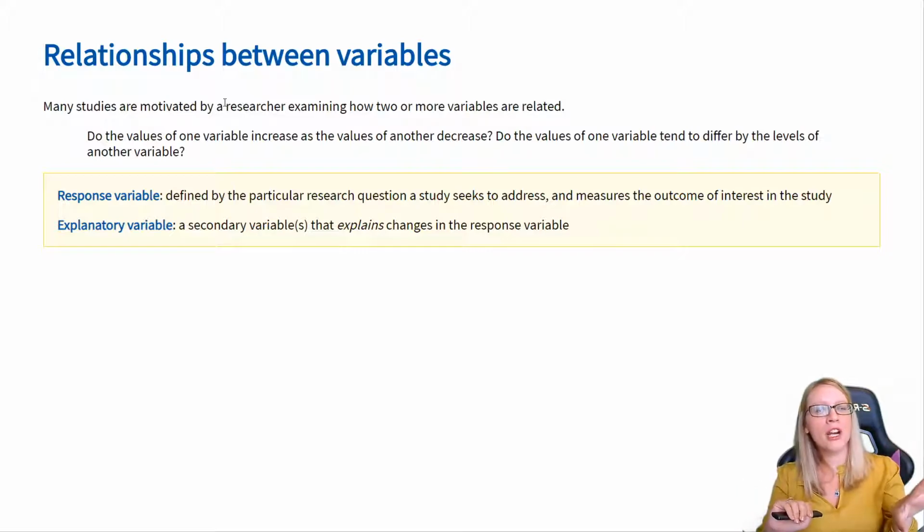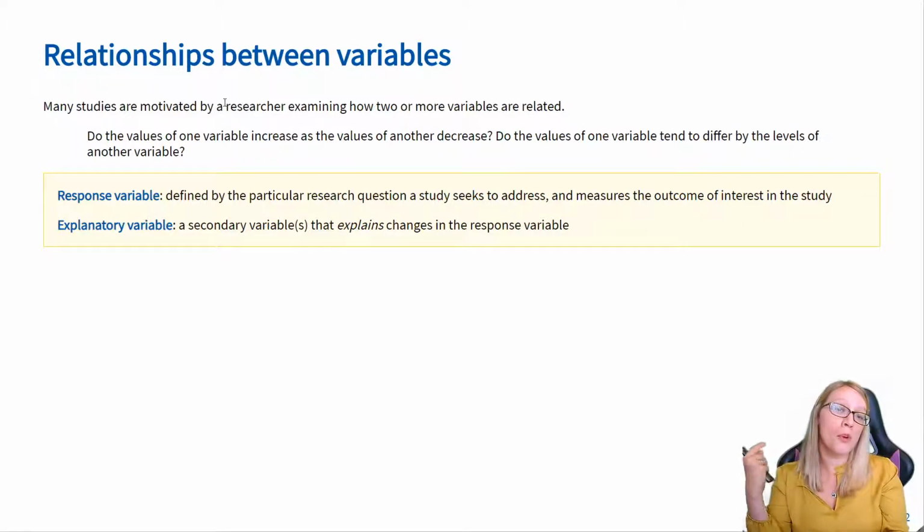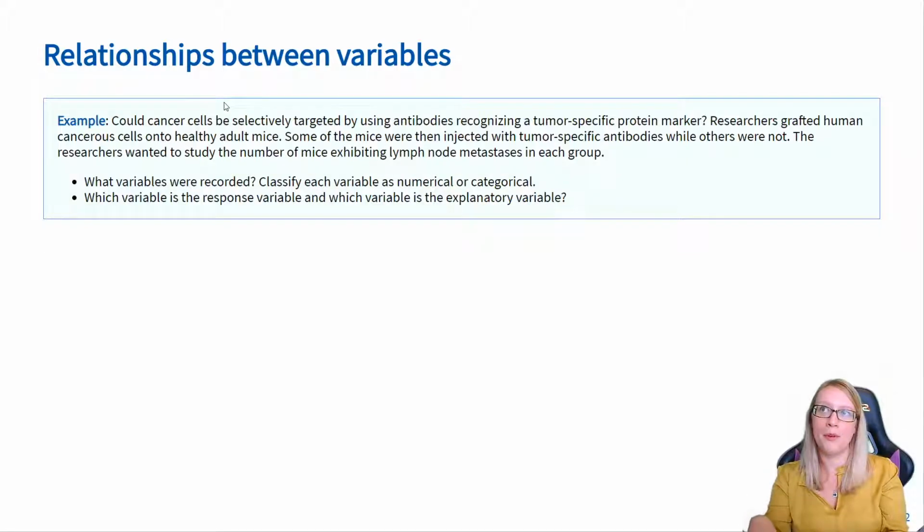So response variables, these are the variables of primary interest. These are the ones we care the most about. Think of them like the why for the study. They're what we really want to know. The explanatory variable is a secondary variable that can help us explain changes in the response variable, or may be responsible or causing those changes in the response variable.